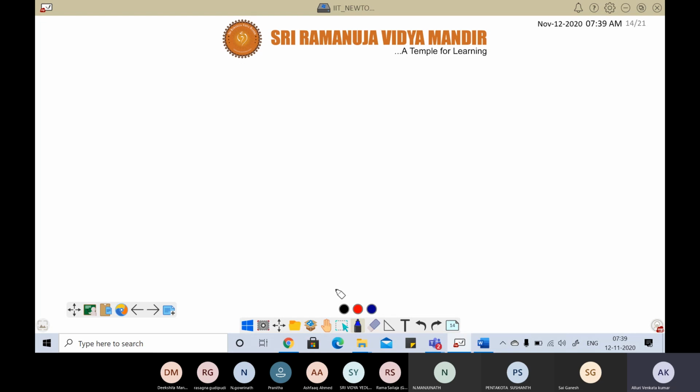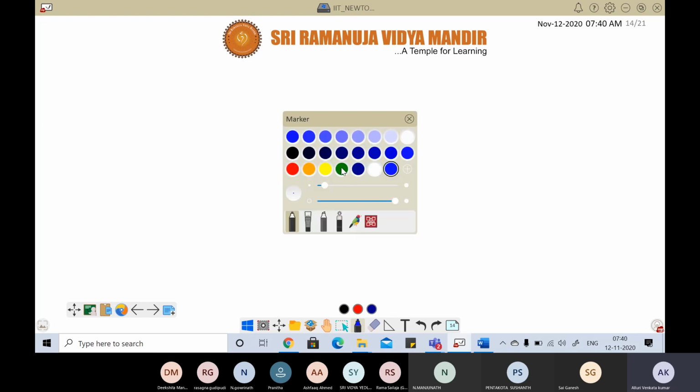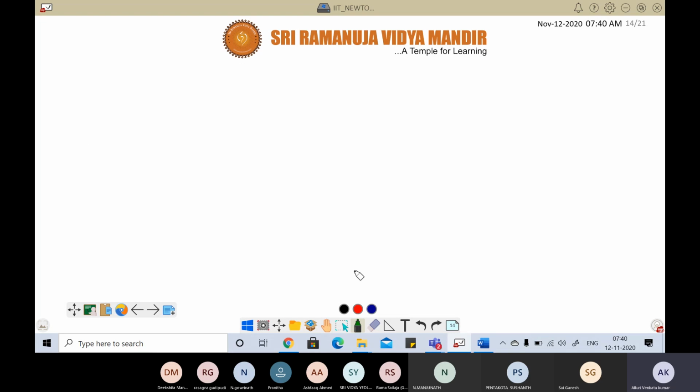Now see here, let us say this is the first block and this is the second block. This is M1, this is M2, and here the force is F1 at an angle of theta, and here the force is F2 at an angle of theta.